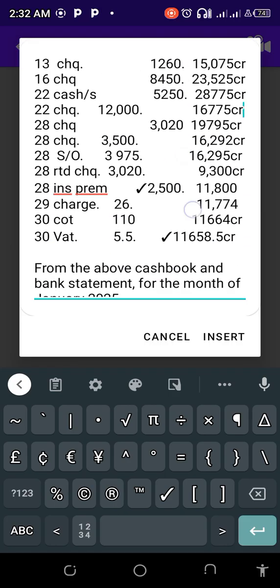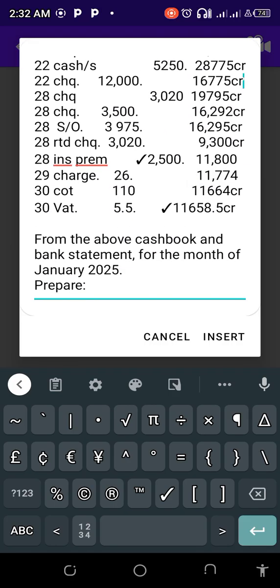Now, in this question, you find that bank charges, that is item 29 here on the debit side of the bank statement. You find bank charges 26, and commission on turnover, that is 30, is 110. Then VAT is 5.5.